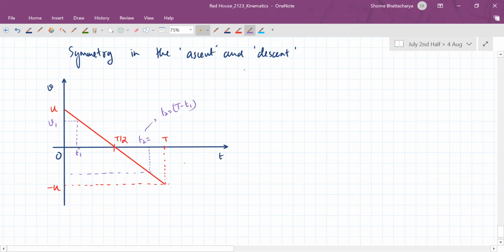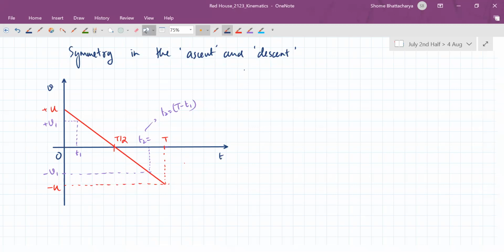Like if this is 2 seconds after the start, then this time t2 is 2 seconds before it hits the ground. So in that case, the velocity here will become minus of v1. If t2 is equal to capital T minus t1, then the velocity at this stage will be negative of the velocity at this stage. So that is the symmetry.